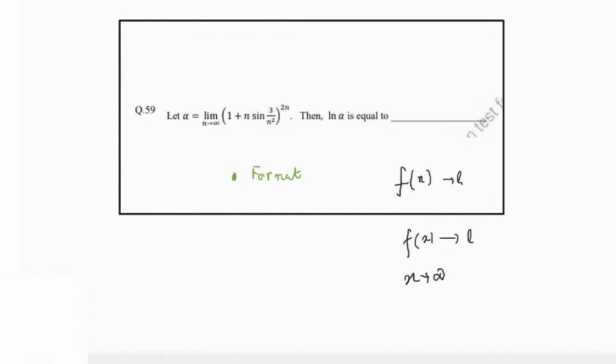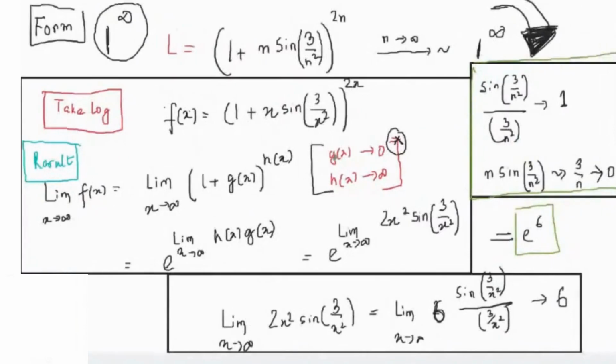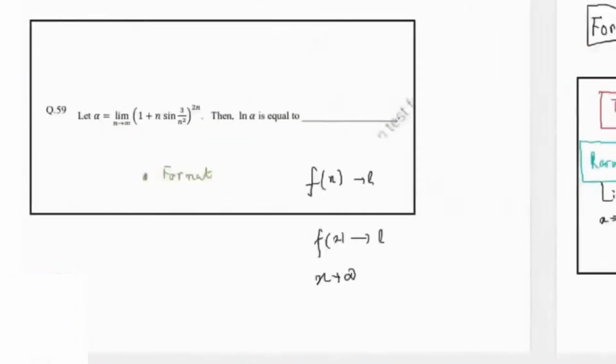Similarly, we will try to do it in terms of the function, because we have the results in terms of the function only. This is a very important result that can really help you out: the limit as x tends to infinity of 1 plus g(x) whole to the power h(x), where g(x) is going towards 0 and h(x) is going towards infinity. Understand this very carefully.